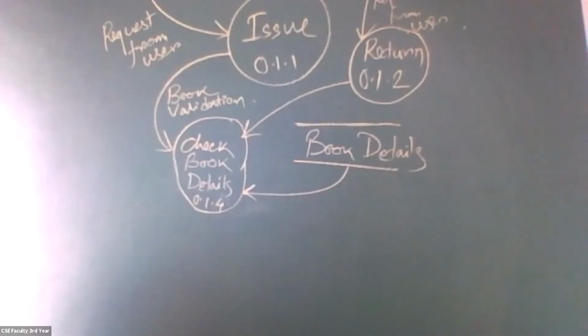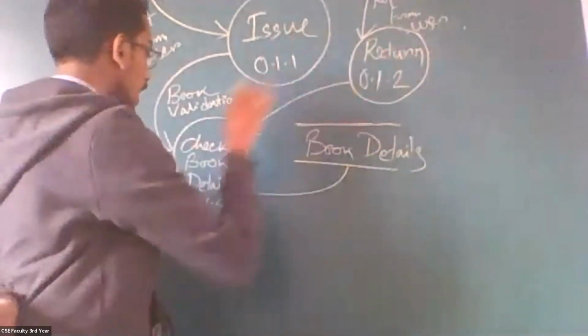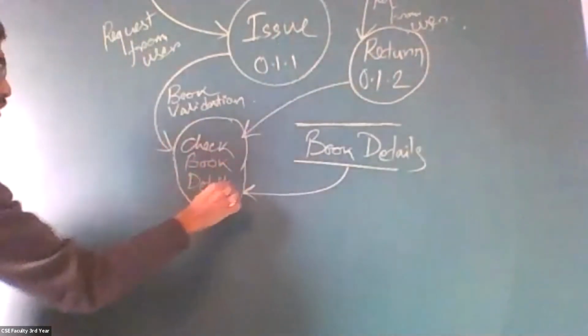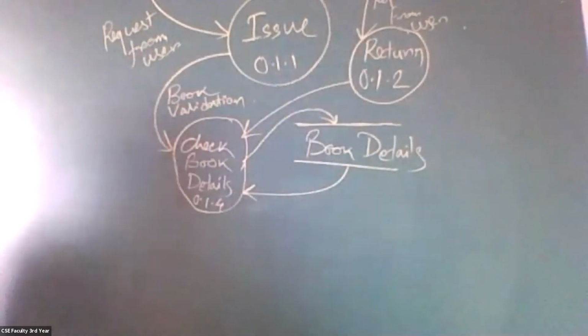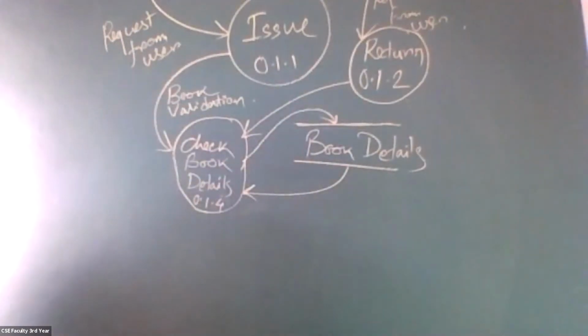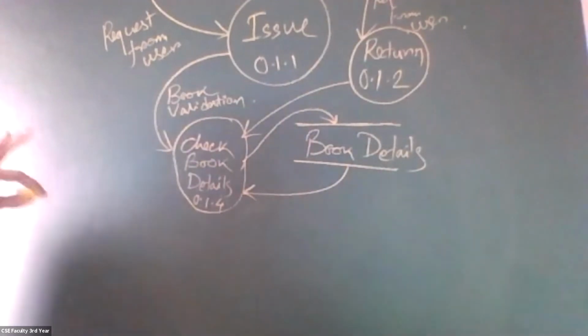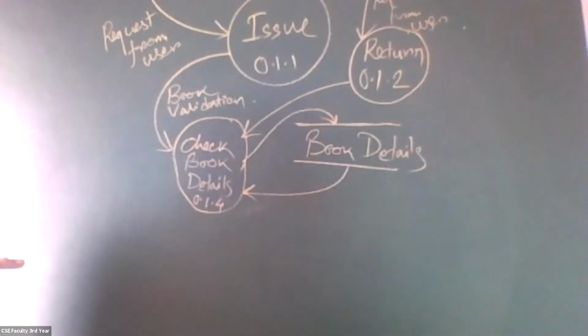Isn't that it? This process will also access this check book details, and check book details is again accessing this book details database. Is that clear? How it is working actually?